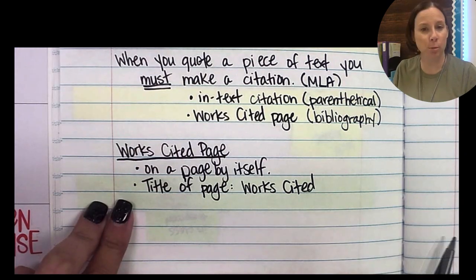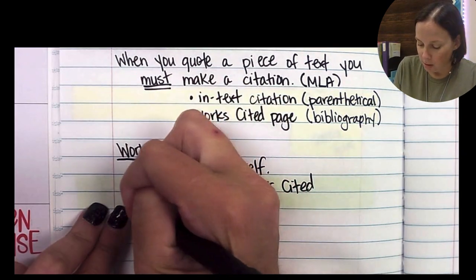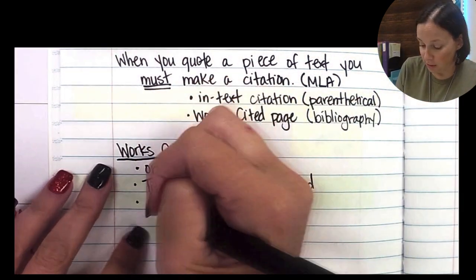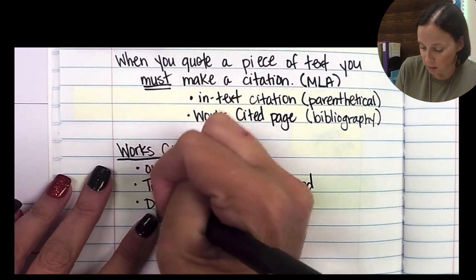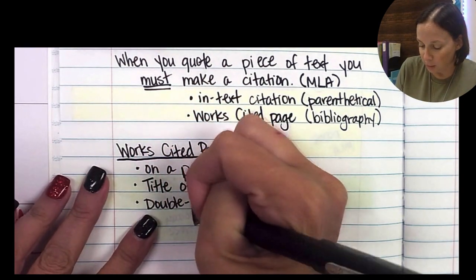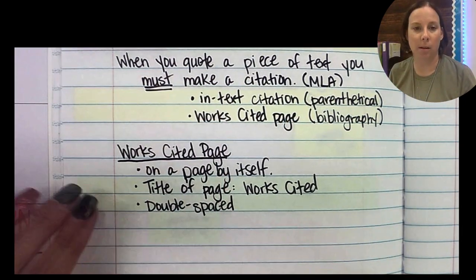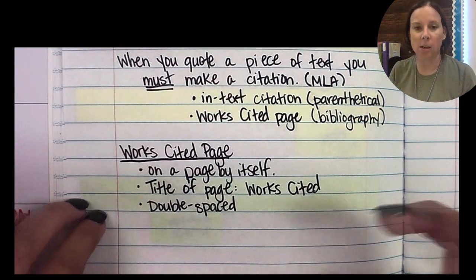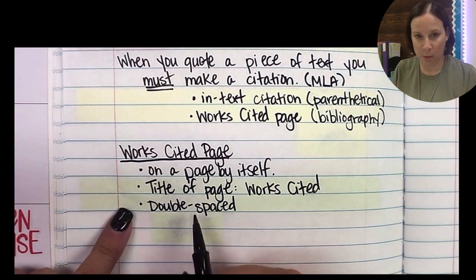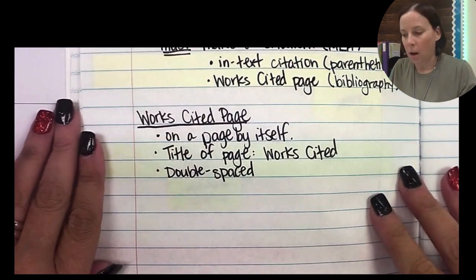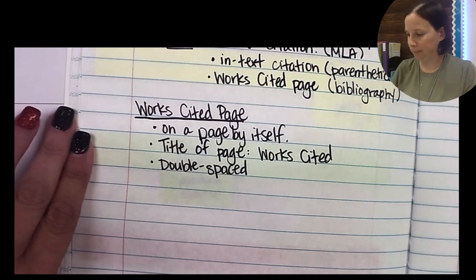I'll walk you through it in your first essay. Next, I want you to understand that this is still double spaced. So everything is double spaced from the moment you start typing your name on your essay. Everything is double spaced, including the works cited page.